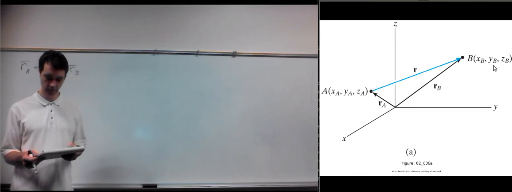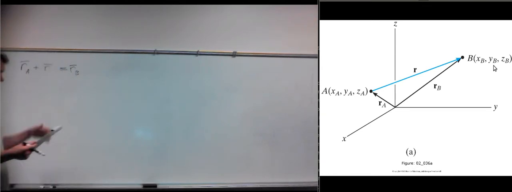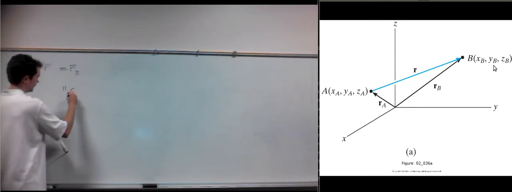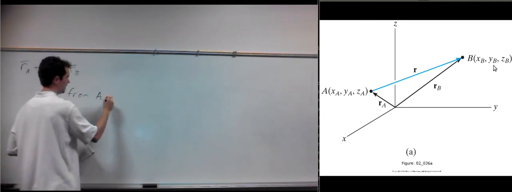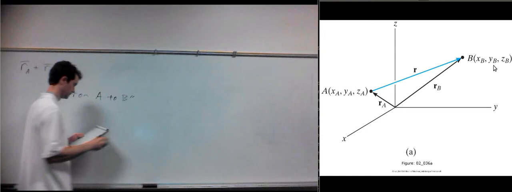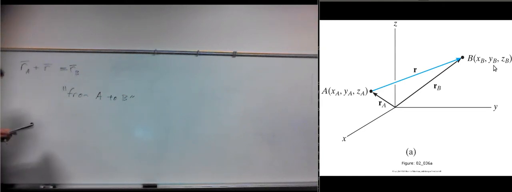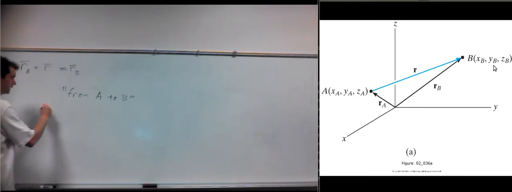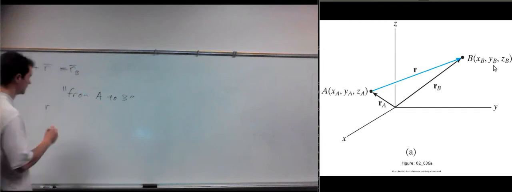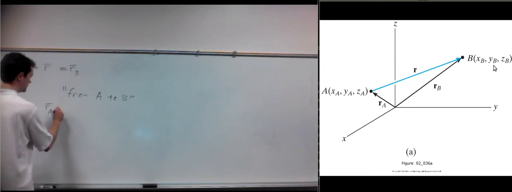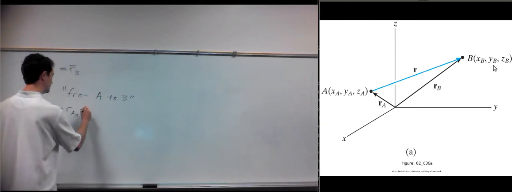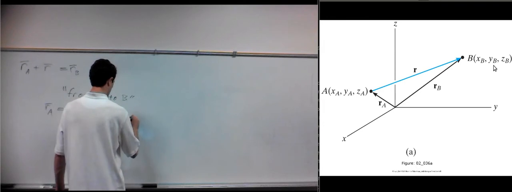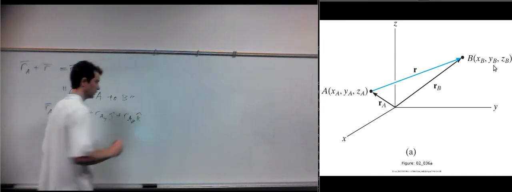And we'll use this equation here to get a definition for the vector from A to B. And, just for clarity, the vector RA is defined as RAX in the I direction plus magnitude RAY in the J direction plus magnitude RAZ in the K direction.